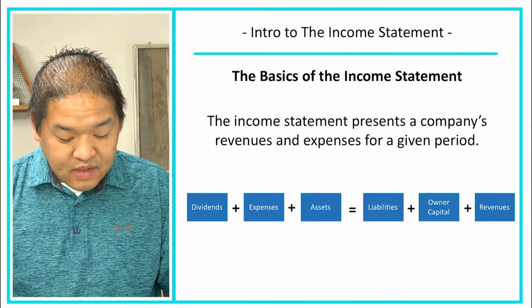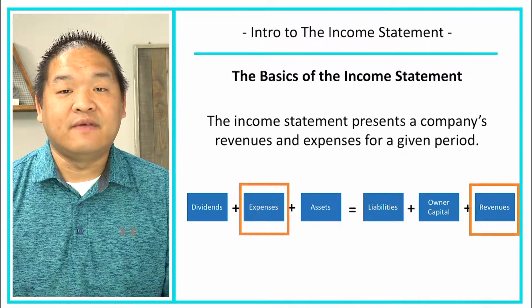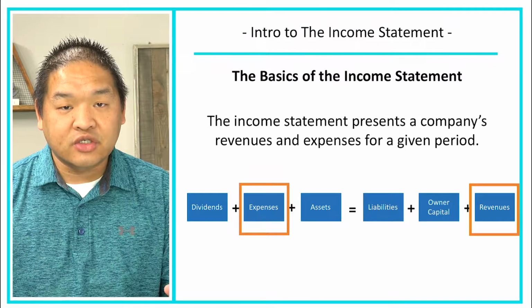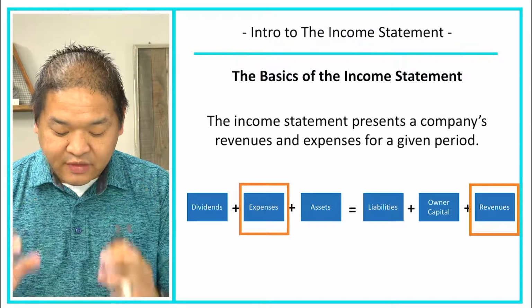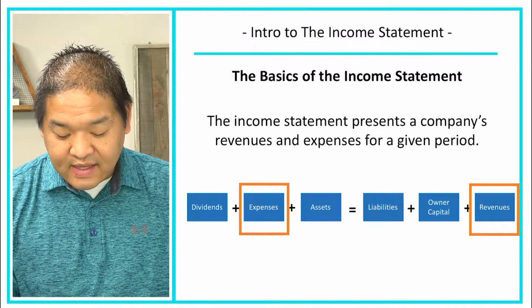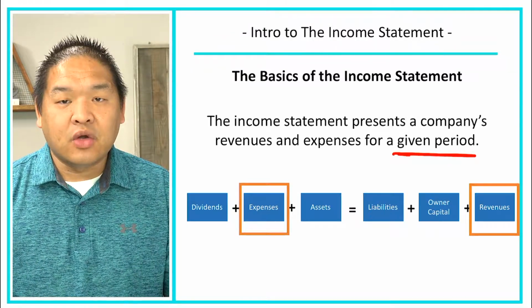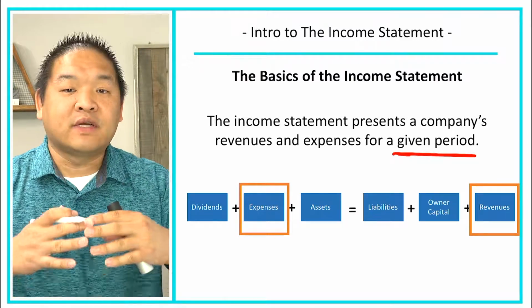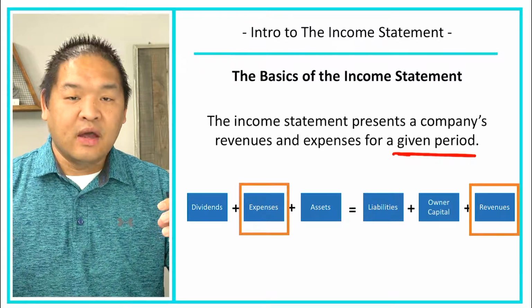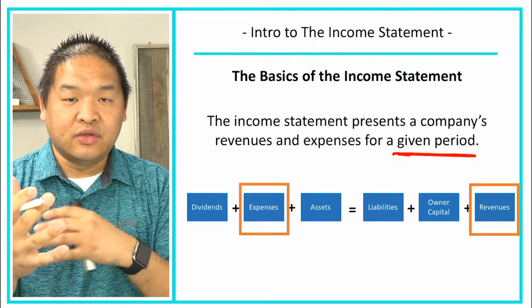So, the income statement represents a company's revenues and expenses at any given time. Notice here's our expanded equation. We're specifically looking at the revenues and expenses. Now the key word here is that it is for a given period of time. We're not looking for revenues for a particular day, although we can generate those statements.